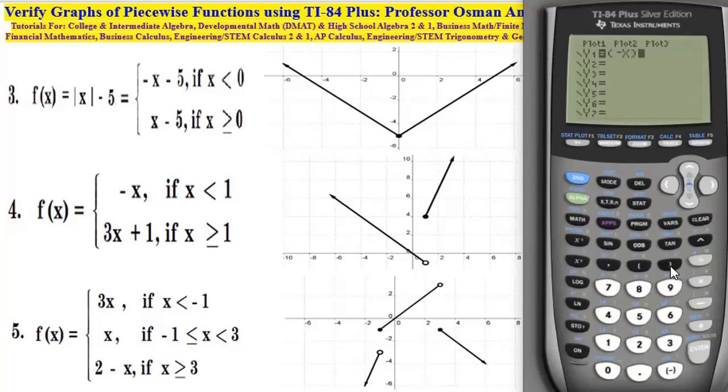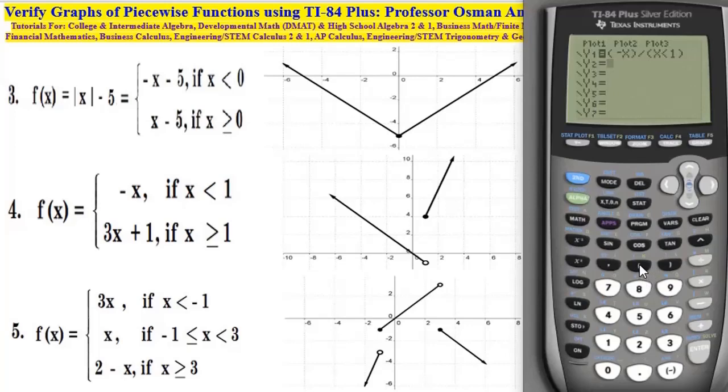close it, and this time I'm going to use divide, open parenthesis, x, second math, less than 1. Okay.